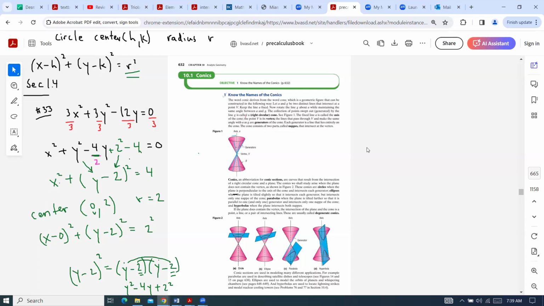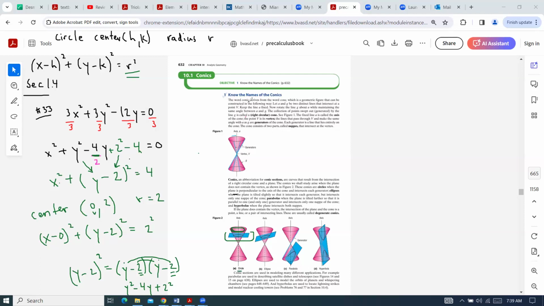sections of a cone. So we have here a cone, and we can cut it with a plane that is parallel to its base. So when you cut it, it'd be a circle, and that's what we just looked at, the circle.